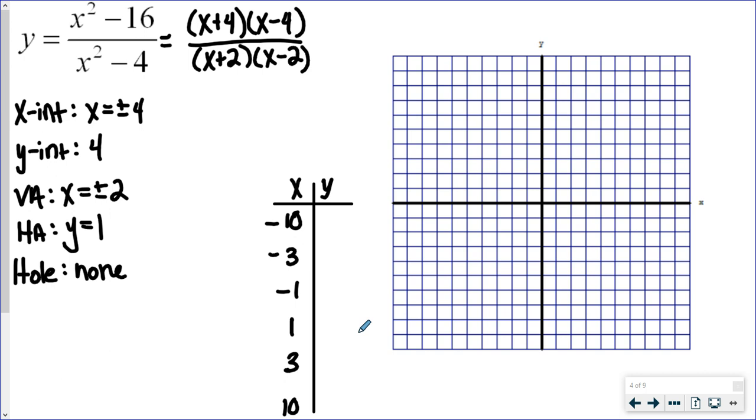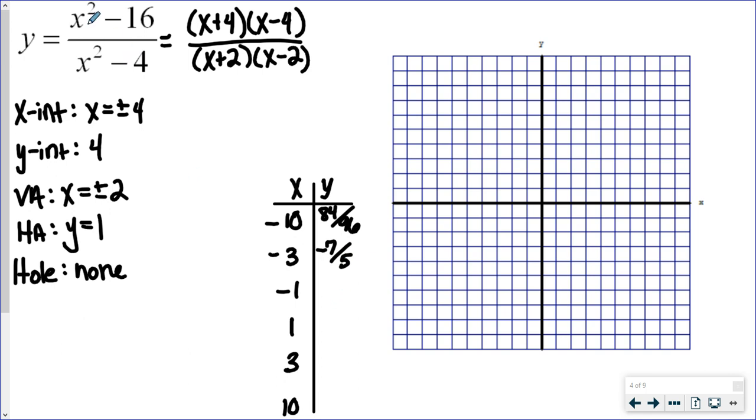All right, so we go ahead and plug all these in. Negative 10, we will get 100 minus 16 is 84, over 100 minus 4 is 96. Plug in negative 3. 9 minus 16 is negative 7, over 9 minus 4 is 5.